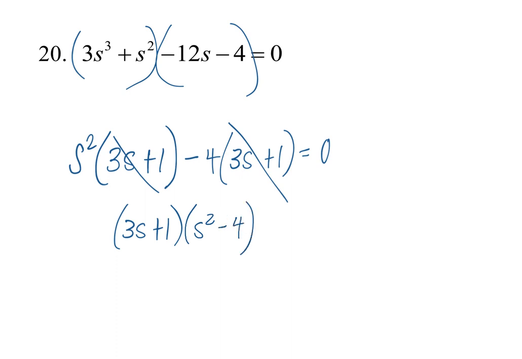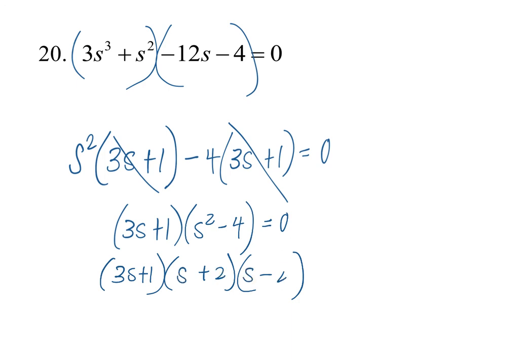minus 4. Okay, and you're thinking, oh, can I go ahead and set both factors equal to 0? Well, s squared minus 4, notice it has a squared in it. That's a difference of squares. Square root of s squared is s, square root of 4 is 2.